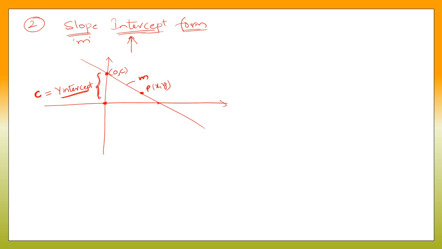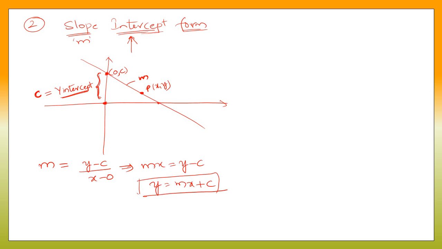Then using the slope formula, m is equal to (y2 minus y1) by (x2 minus x1), so y minus c by x minus 0. On cross multiplication, mx is equal to y minus c. So y is equal to mx plus c.